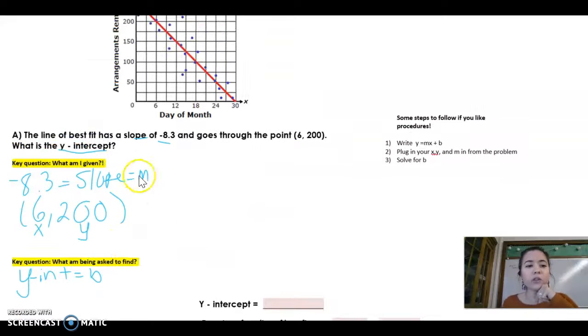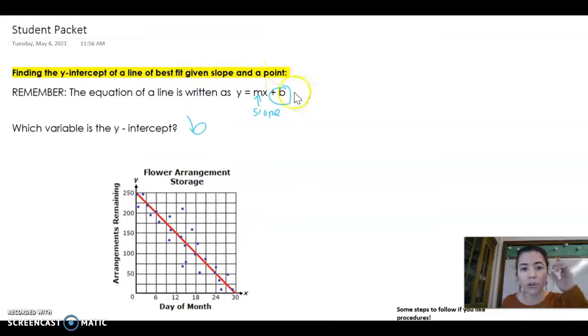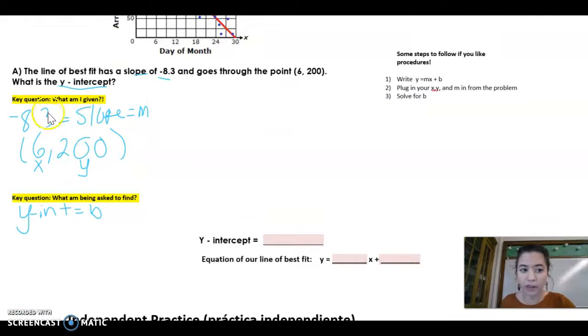Aha, okay. So I'm given an m value, an x, and a y, but we need to find what b is. So we can use our equation. I'm given all of these things here except for b. So we're going to use the equation of a line, plug in everything that we know, the slope, the x and the y, and we're going to find b.